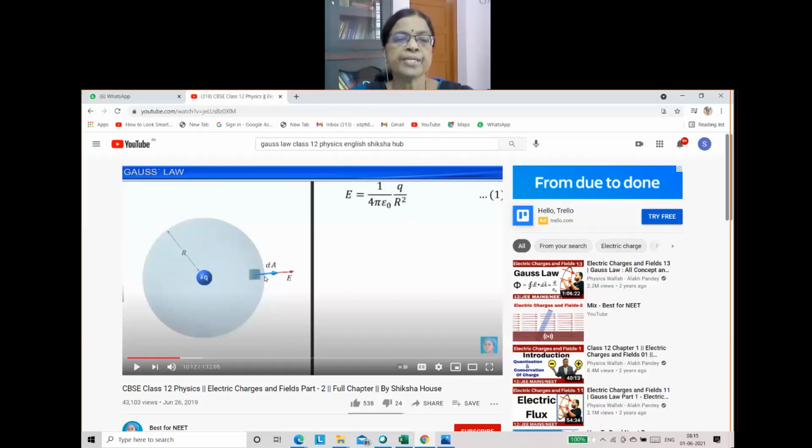A small area dA is considered, and a normal is drawn to that area, the blue line. What is the angle between them? Alok, what is the angle between E and dA?